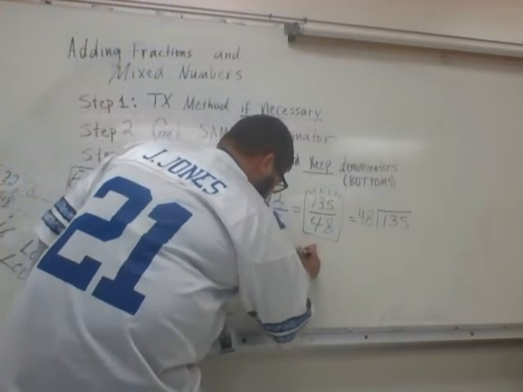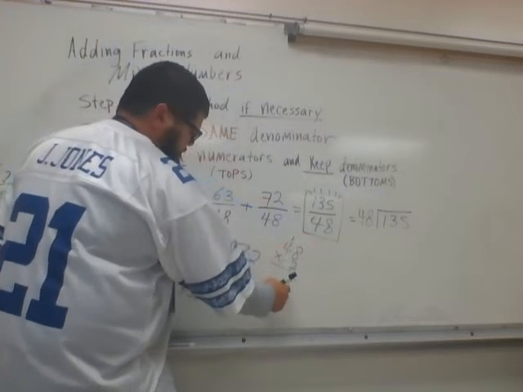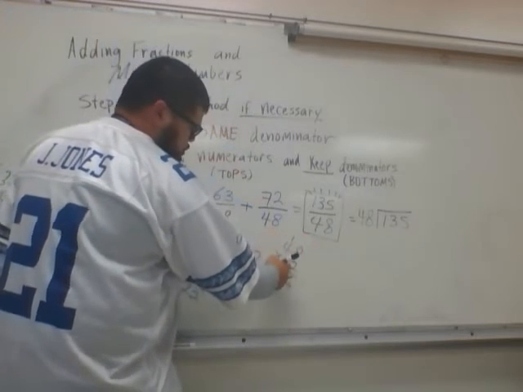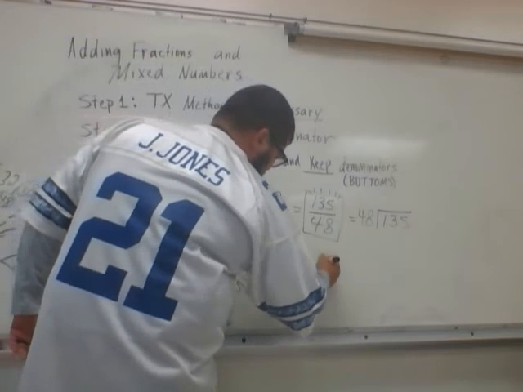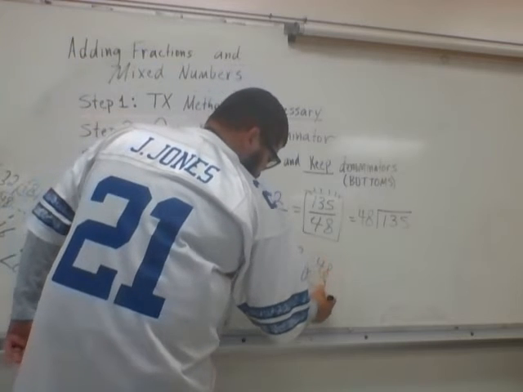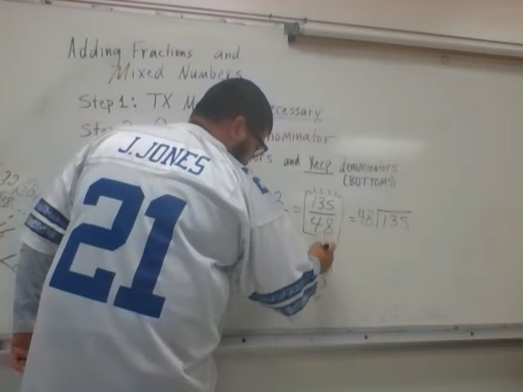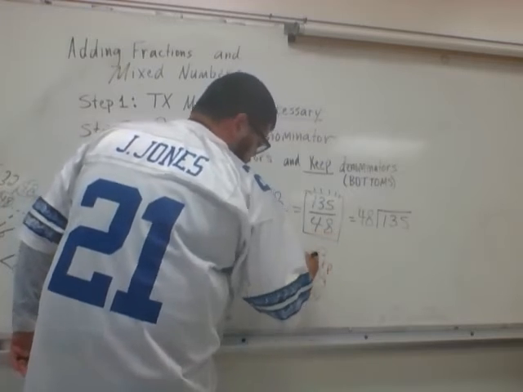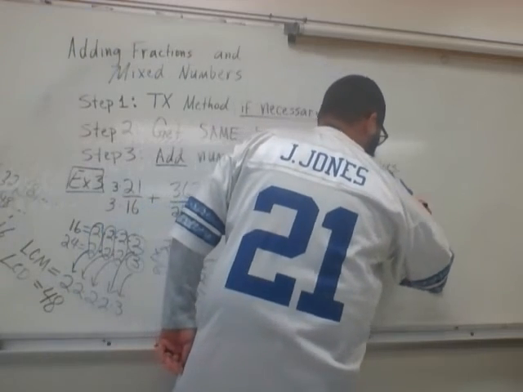We'll do 48 times 2. 8 times 2, 16. Carry the 1. 4 times 2 is 8 plus 1, that's 96. Let's try one more. 48 times 3. 3 times 8 is 24. Carry my 2. 4 times 3 is 12 plus 2, that's 144. That's too much, so the answer was 2.